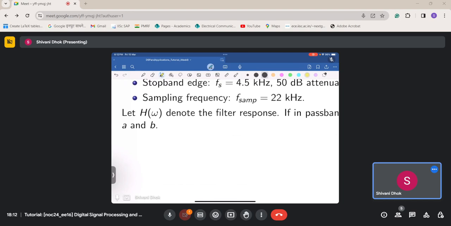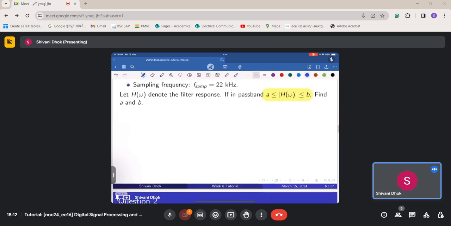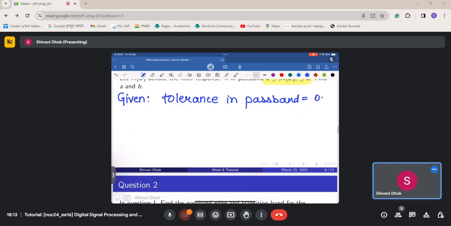Okay, so in passband, if we are having this variation in passband, this directly indicates the consideration of this tolerance. Now what we are given is the tolerance in passband is 0.8 dB.